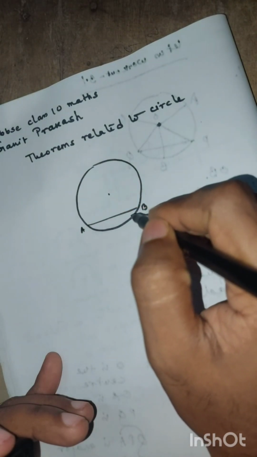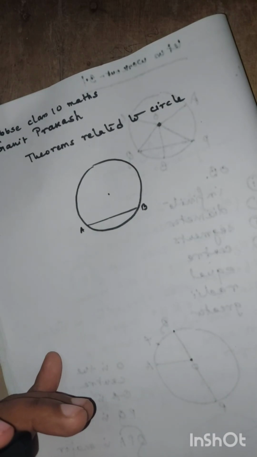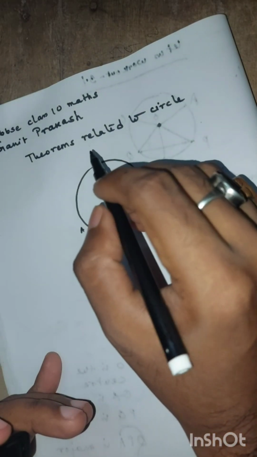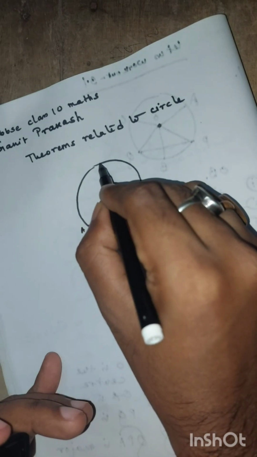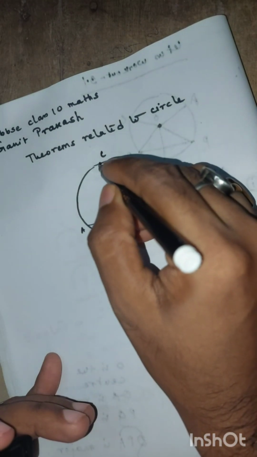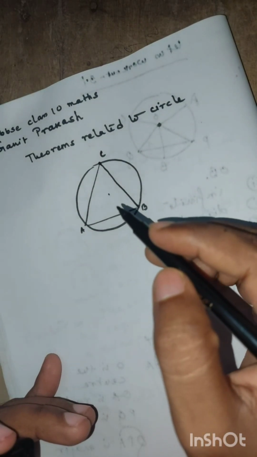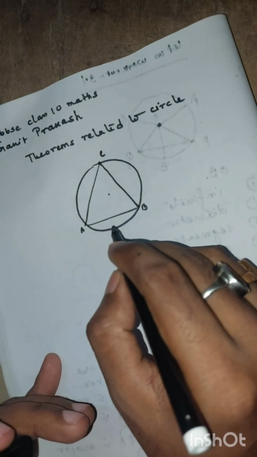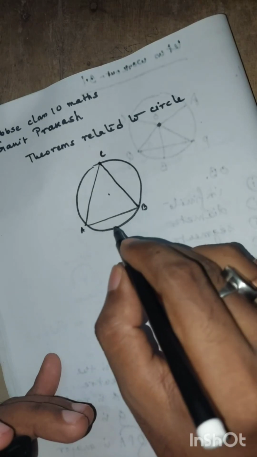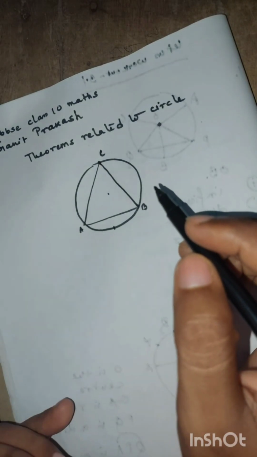The angle subtended by the chord AB at a point on the major arc, let this be the point C, and the angle subtended by the same chord at another point which is situated on the minor arc.